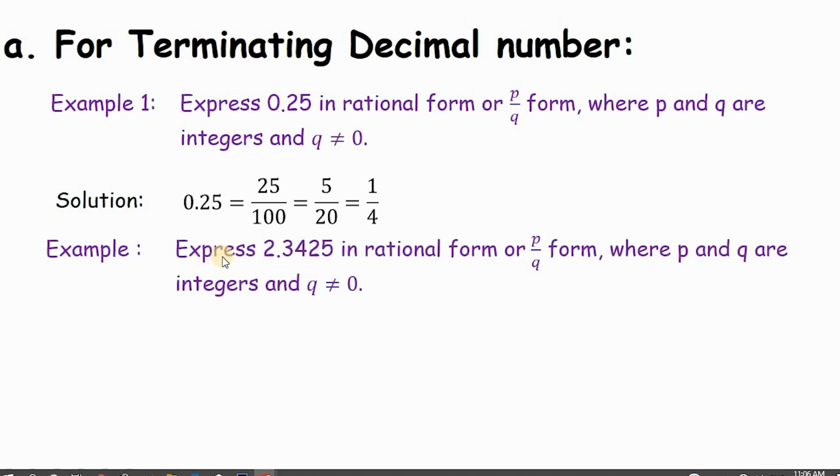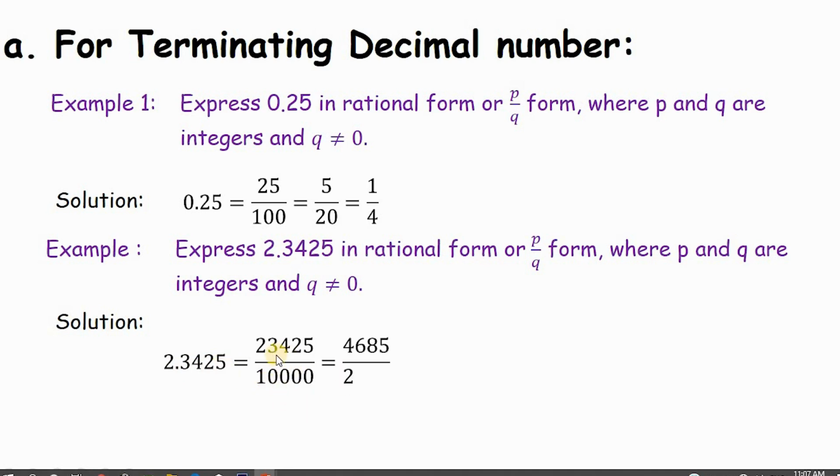Now we'll take a second example, to express 2.3425 in rational form or p by q form where p and q are integers and q not equal to 0. We'll write the solution. We take the number 2.3425 and it can be written as 23425 by 10,000. Since here we are moving 1, 2, 3, 4 places towards the right, we add 4 zeros in the denominator.